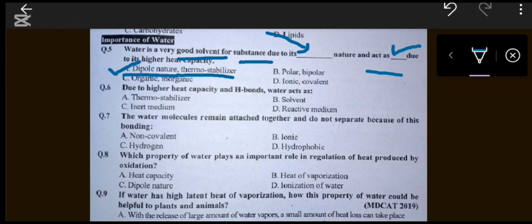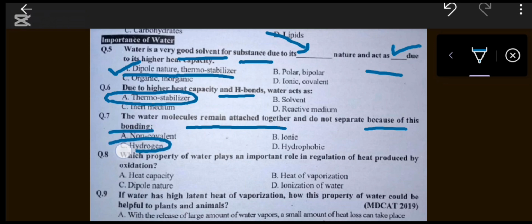Question number 6: due to the high heat of vaporization and hydrogen bonding, water acts as what? Water acts as a thermostabilizer. Seventh question: the water molecules remain attached together and do not separate because of what? Because of hydrogen bonding.